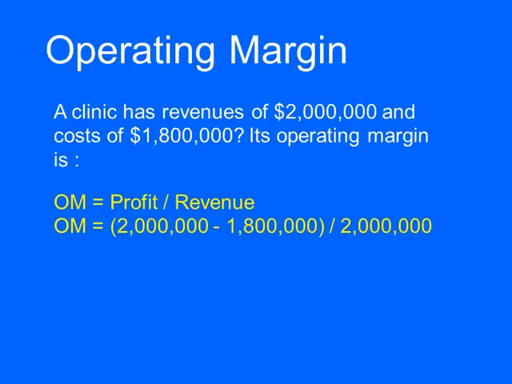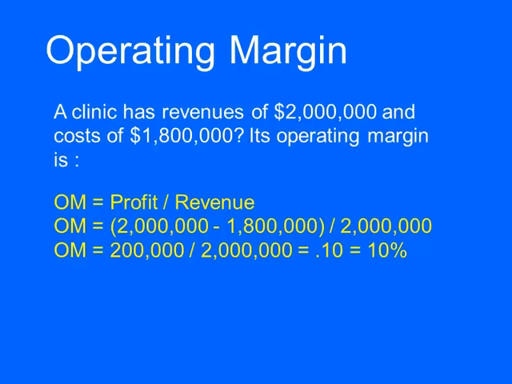Okay, so we've got to figure out what the profit is. That's not given here in this particular scenario. So we have $2 million in revenue. We know the costs, so that's going to be very easy. Just take the $2 million minus the $1.8 million in costs over the revenue. Again, we know the revenue is $2 million. That simplifies down to 200,000.